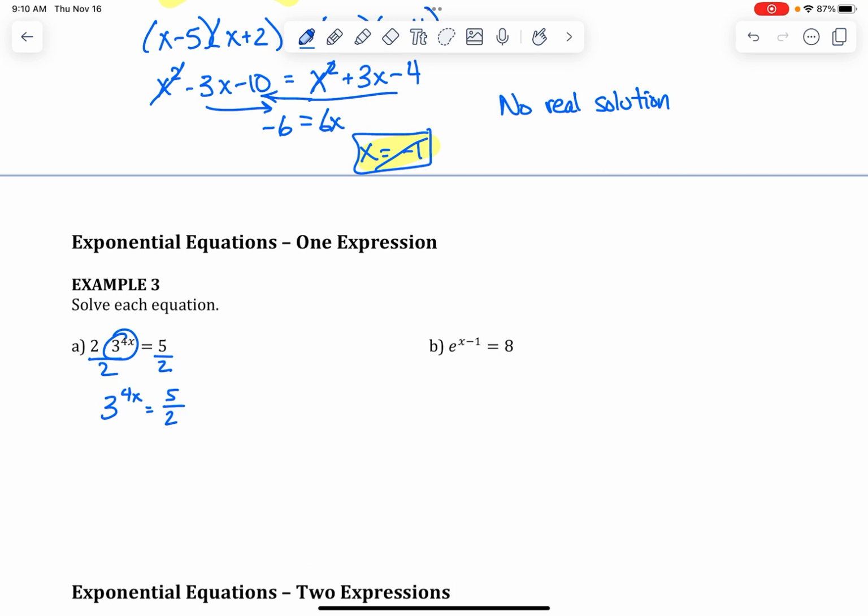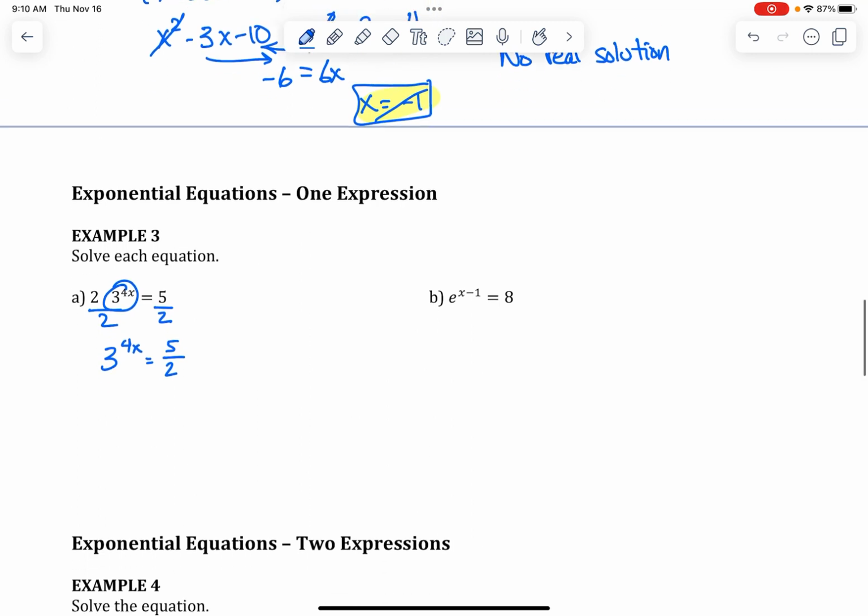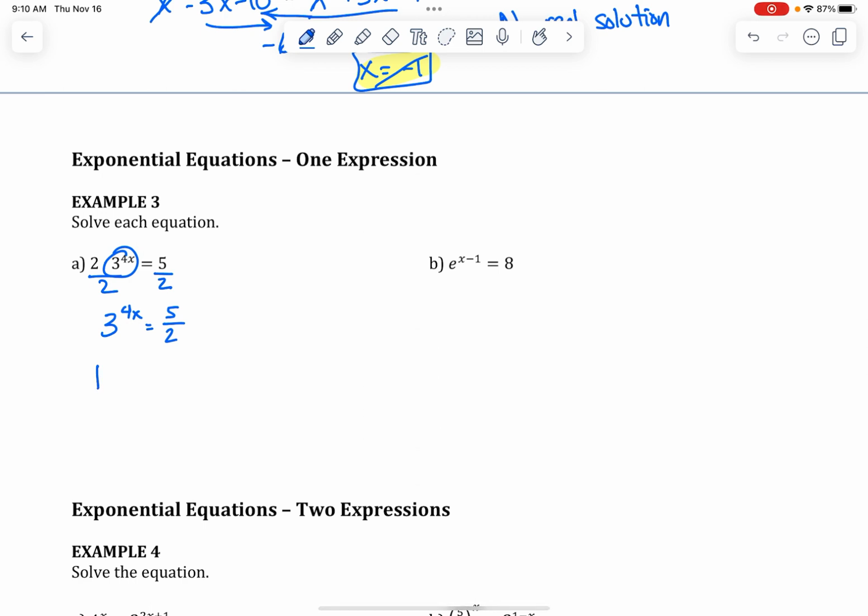Right? So if you get the exponential term by itself, now what? Well, this is an exponential function which all up till now you've been able to solve. Since we can't solve it exponentially nicely, we have to rewrite it in log form. So now you're going to write an exponential function in logarithmic form. And so log, your base is 3, it's going to have 5/2 after it, and remember the exponent always goes by itself.